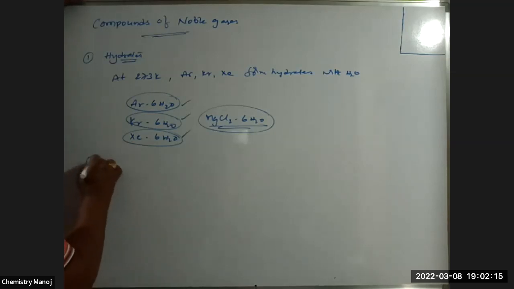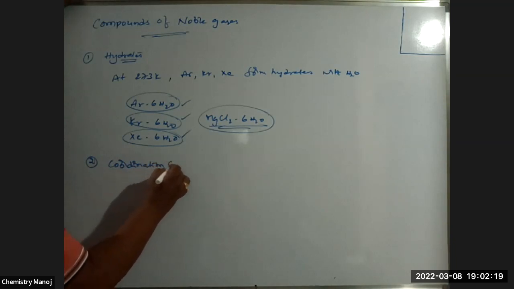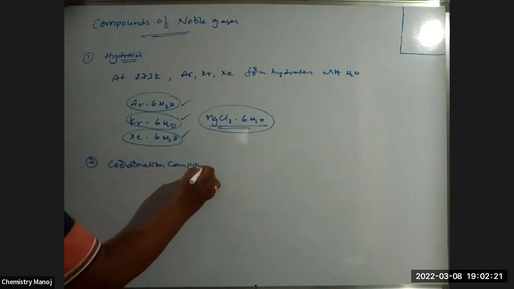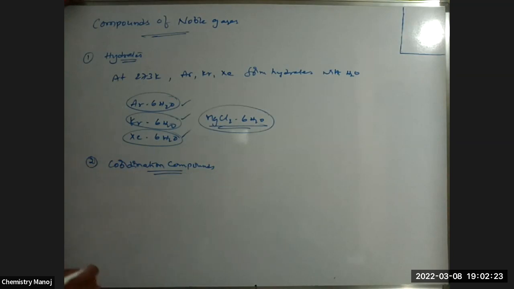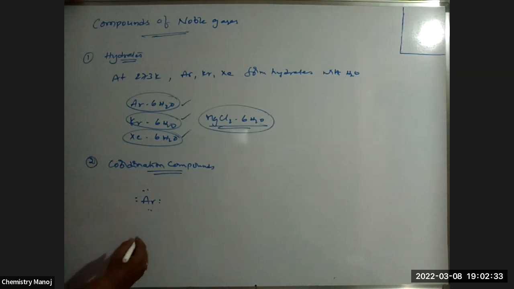Next, the second one, coordination compounds. Complex compounds can also be formed by noble gases. Taking argon, it has 4 lone pairs, so it is an electron-donating species and behaves like a Lewis base, an electron pair donor.